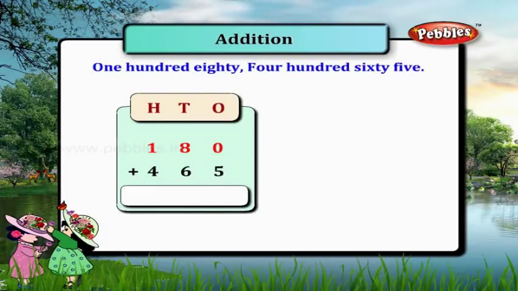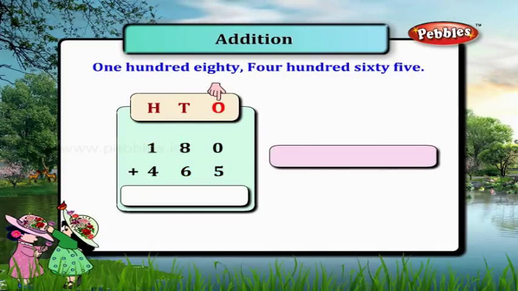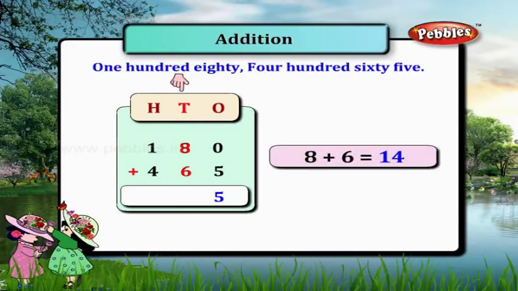180 plus 465. Add the ones. 0 plus 5 is equal to 5. Add the tens. 8 plus 6 is equal to 14.